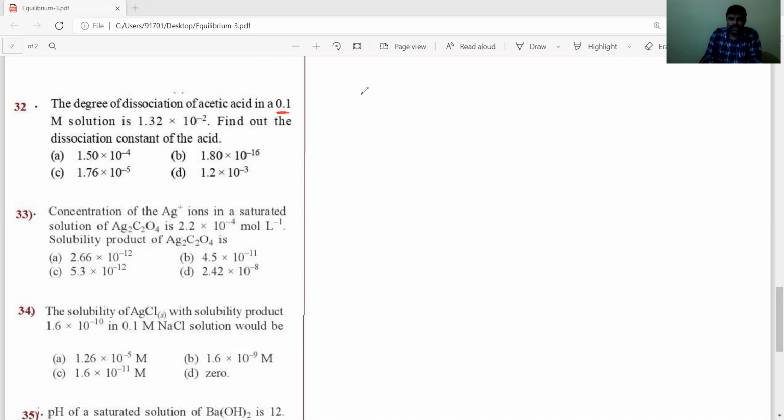Acetic acid is a weak acid. CH3COOH dissociates to give CH3COO minus and H plus ions. For this, the initial concentration you have to think is C, and 0 and 0.